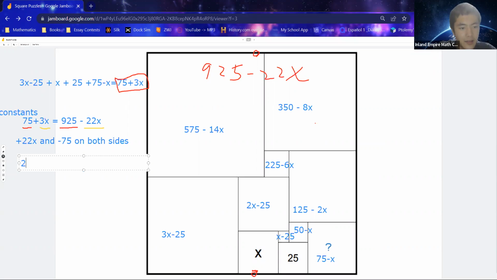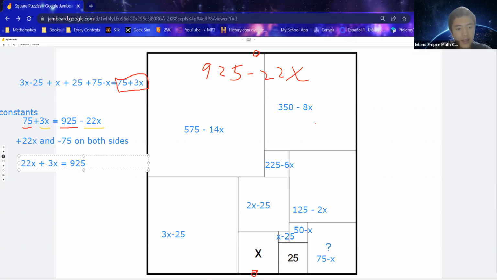On the left side, we would have 22x plus 3x, and we no longer have 75 because we subtracted 75 on both sides, right? And on the right side, we no longer have the minus 22x because we added 22x. 22x minus 22x is 0, so they cancel out.